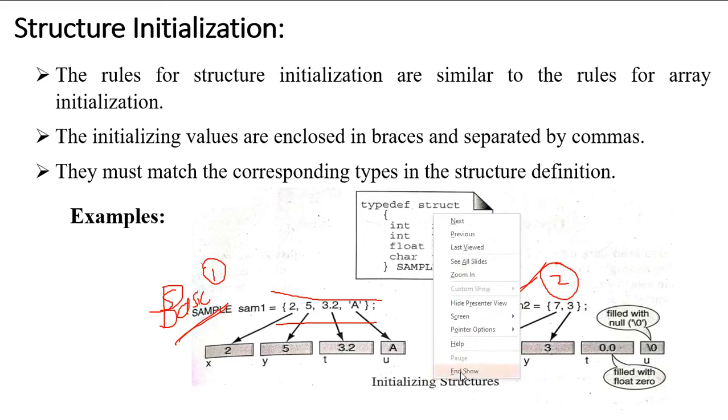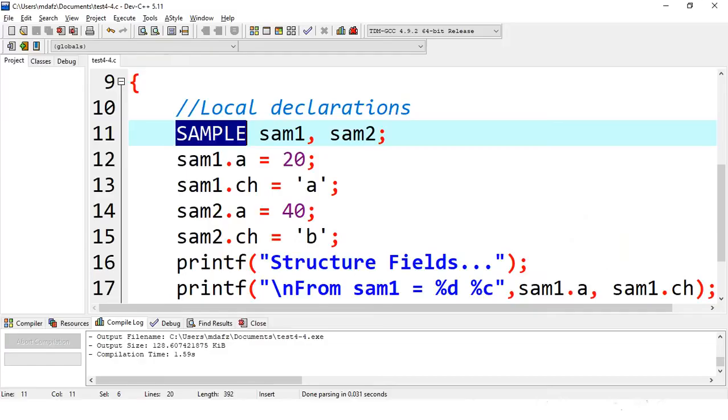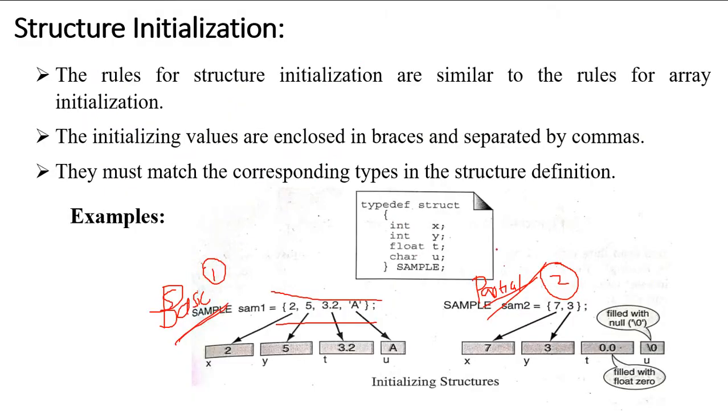So quickly we'll see one simple program for all three possible techniques. Let us see what fields I have: int x, float t, character u. How many fields do I have inside this structure sample? I have four fields, two of type integer, one float and one character.